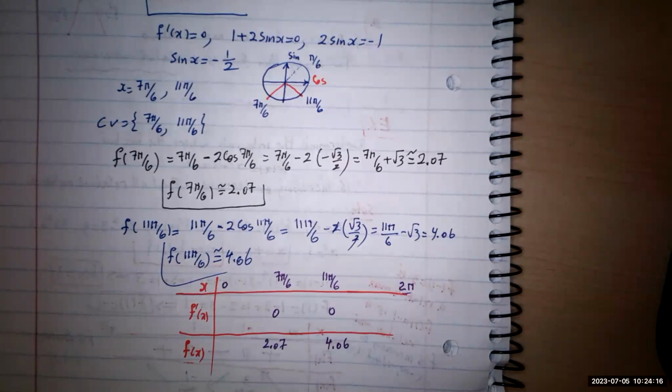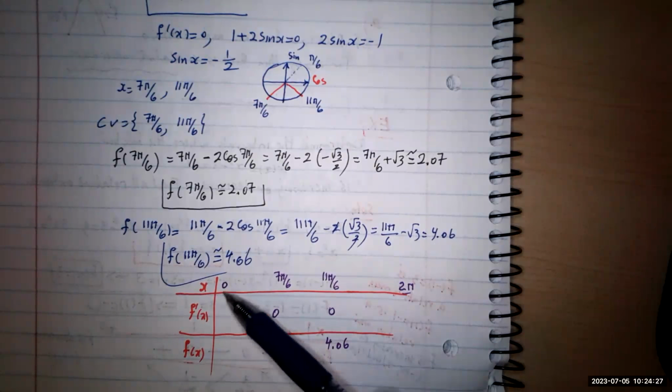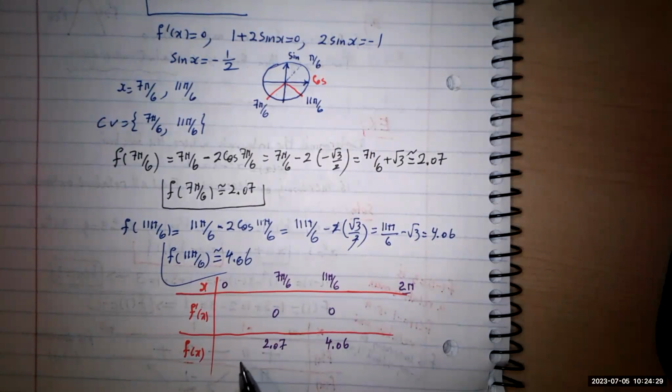You have to identify the sign of the f prime. There are different ways to do it. You can check some numbers in the f prime, or the other way is to find f of 0 and f of 2π and compare these values together. That would be easier.